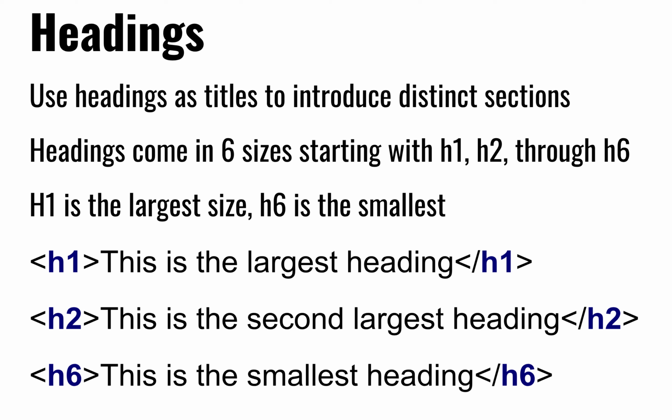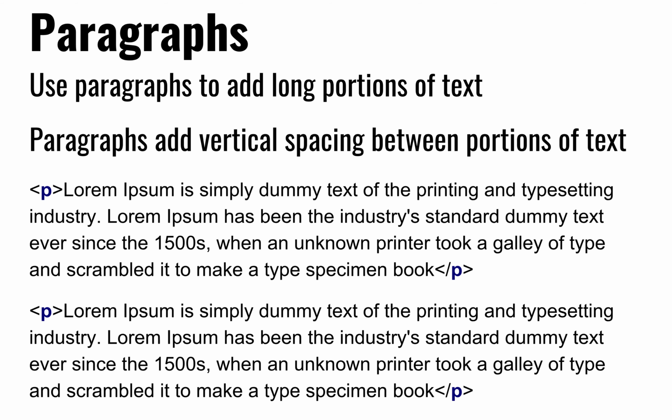Here are some really simple elements that we're going to be using all throughout. We have the headings that allow you to have different sizes of text for introducing a particular section of an HTML document. The bigger the number, H1, H2, H6, the smaller the headings. We have paragraphs that add vertical spacing between content. Typically, if you have just plain text, browsers ignore any white space.